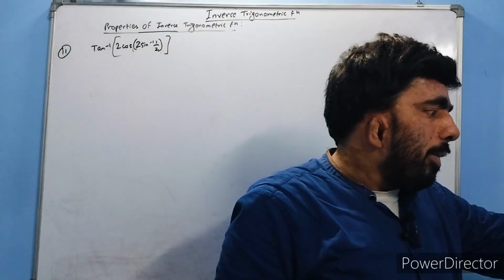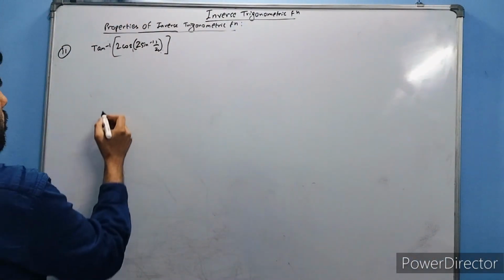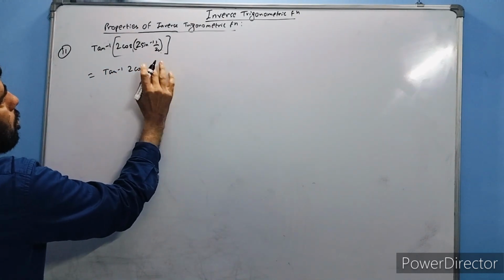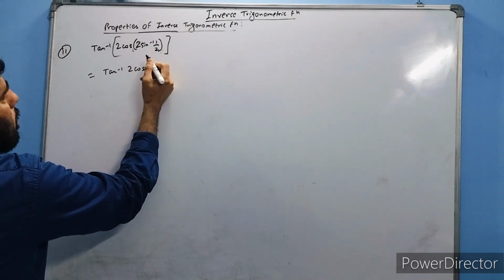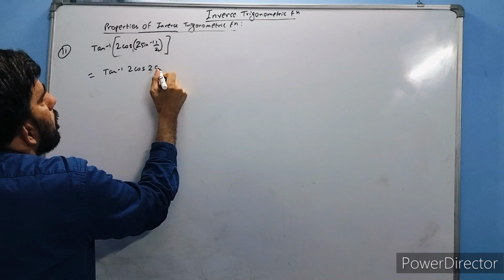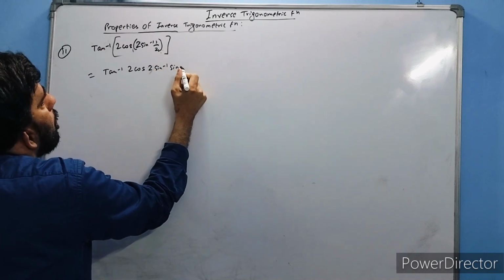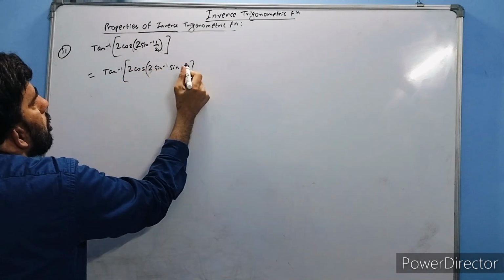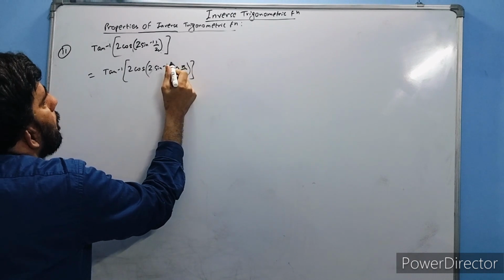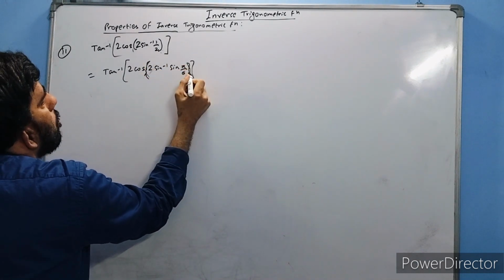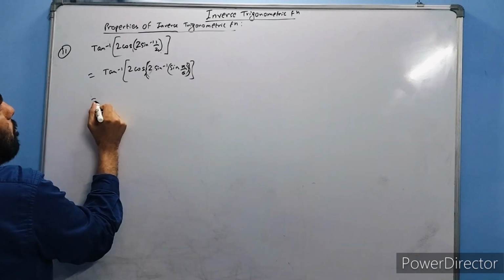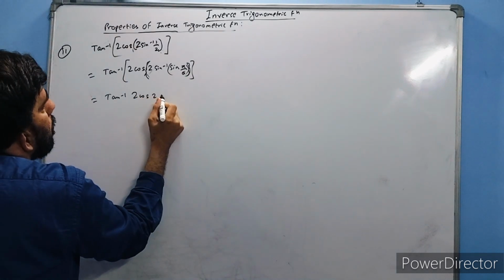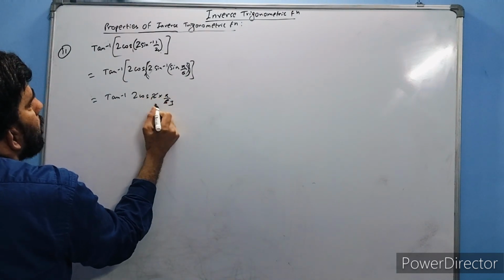So now let us see how we can easily solve tan inverse 2 cos of 2 times. I can write half as sin inverse sin pi by 6. So we'll have tan inverse 2 cos, it will be 2 into pi by 6, pi by 3 we have.